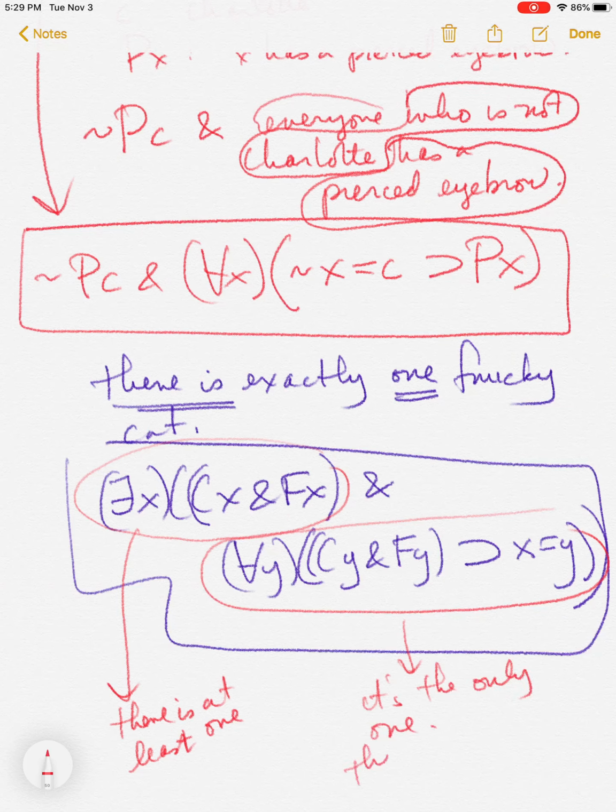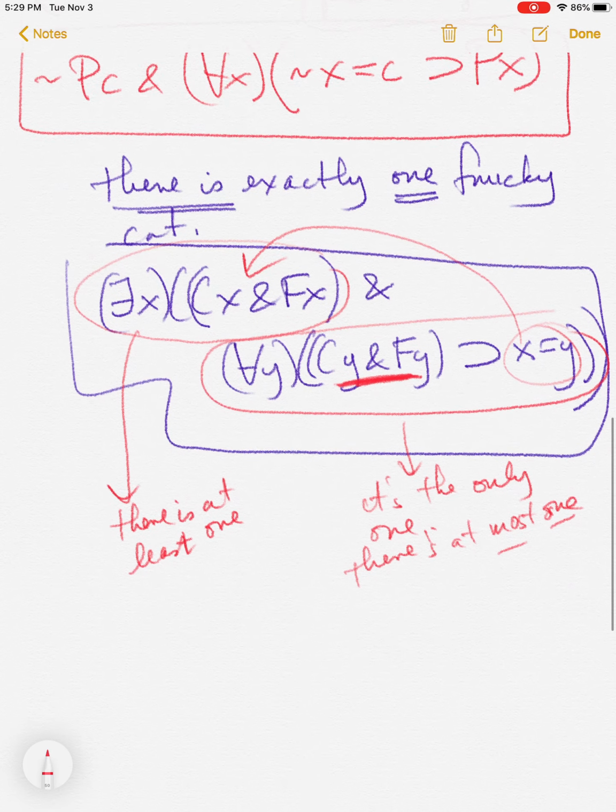There's at most one. Because this says, okay, so given any finicky cat that you run into, oh, nope, turns out it's the same guy. It's that finicky cat that we already talked about. So that's how we assert the existence of a unique finicky cat.